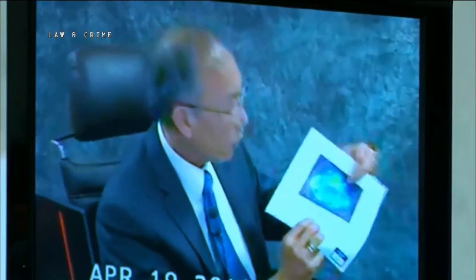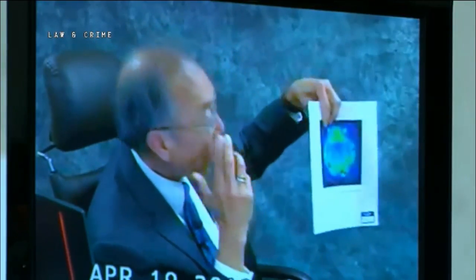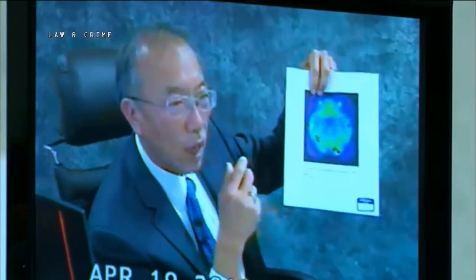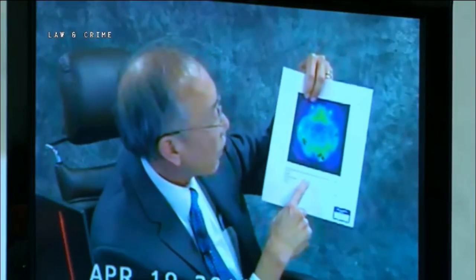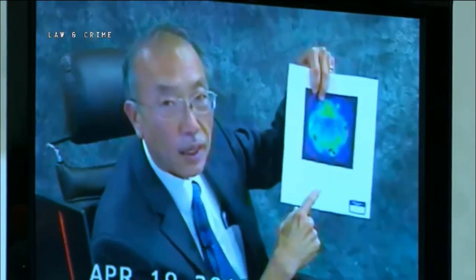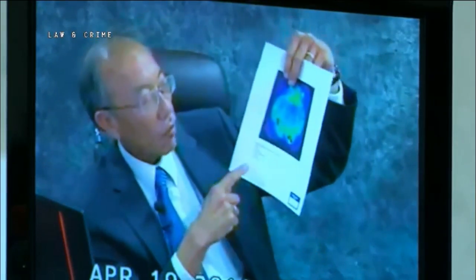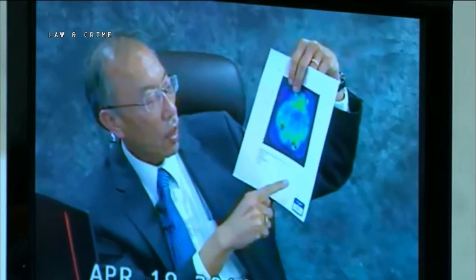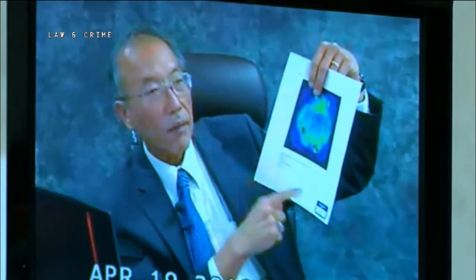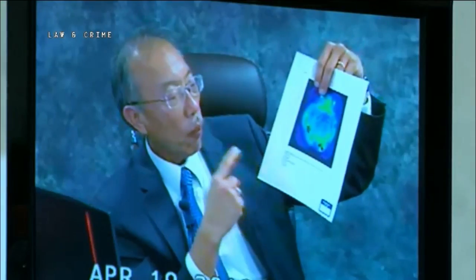He has multiple other abnormalities in the brain. For example, if we look here, this is the area of the brain where he's abnormally hot. This is in the parahippocampal gyrus, and this is something that we see bilaterally. The normal controls have a value of 0.76. He has a value of 1.01.